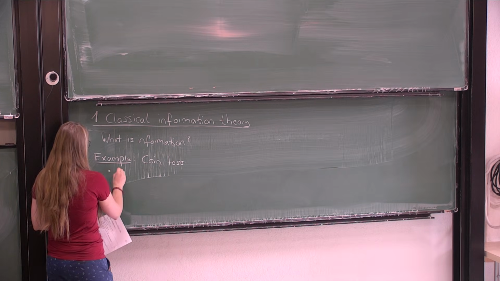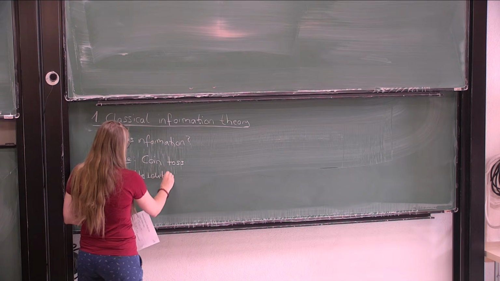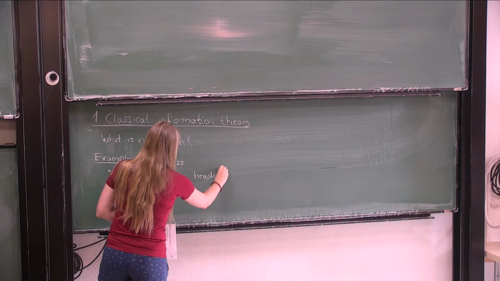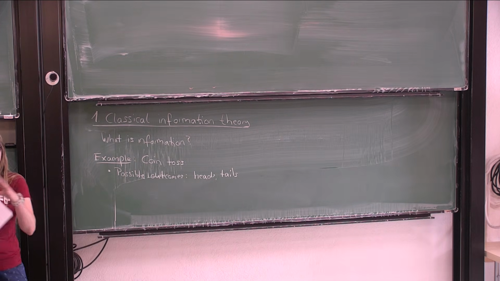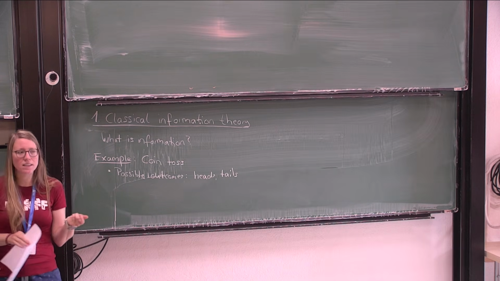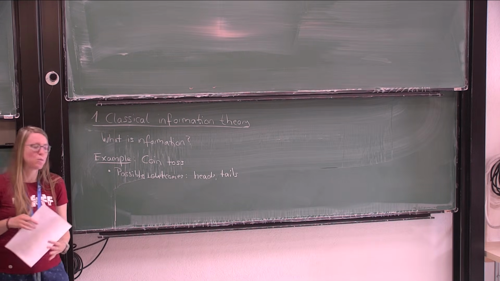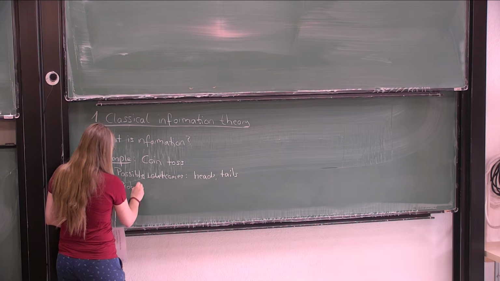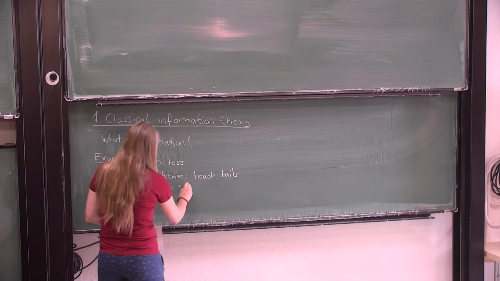So the possible outcomes of this little experiment are heads and tails. And if you have an ideal coin, which is shaped in a way that heads and tails are basically identical, then the probability that it lands on either of these outcomes is the same, it's 1/2. So the probability for each outcome.